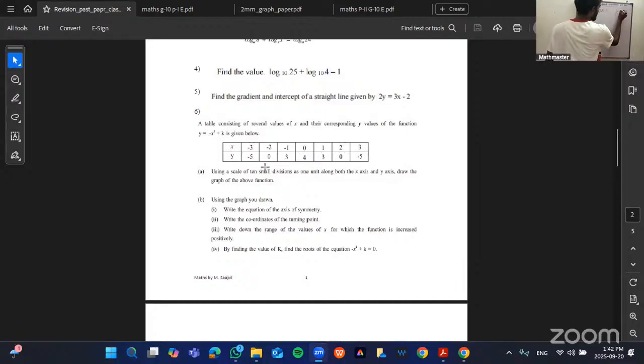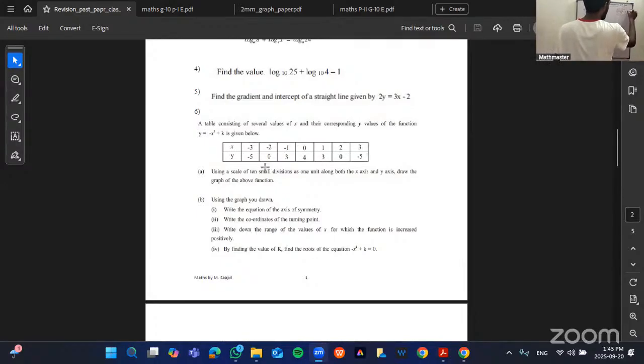When you write log with base A, for example, think I write log base A of A. So the base is A and the answer here is A, log A A. Now if you have the same base and the same answer, the answer will be 1. This is a law that we have studied.